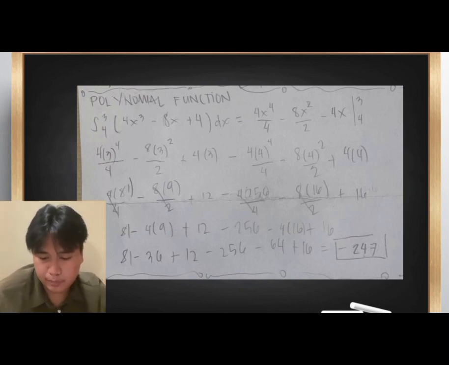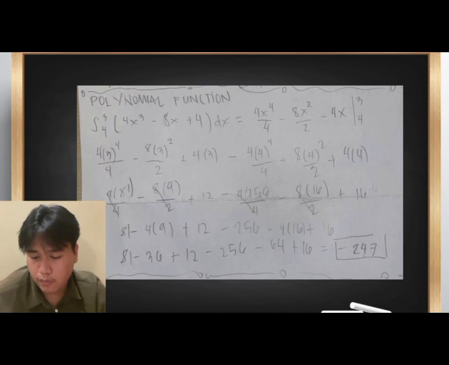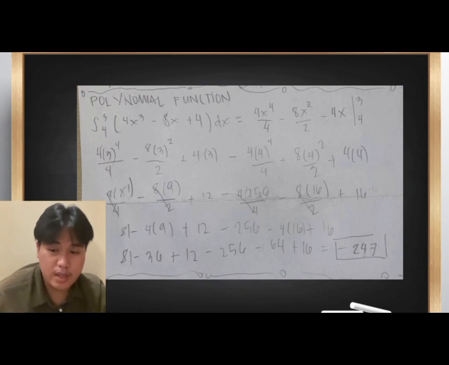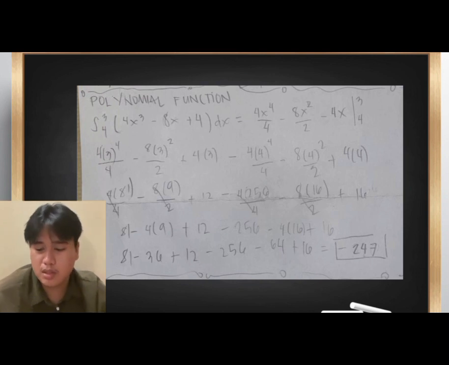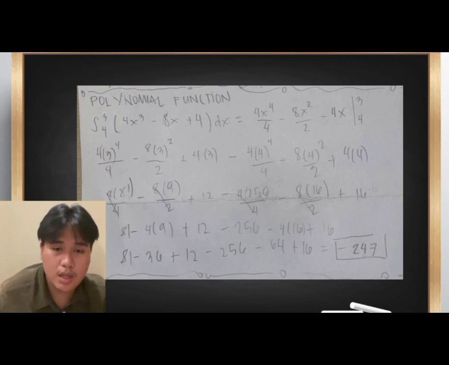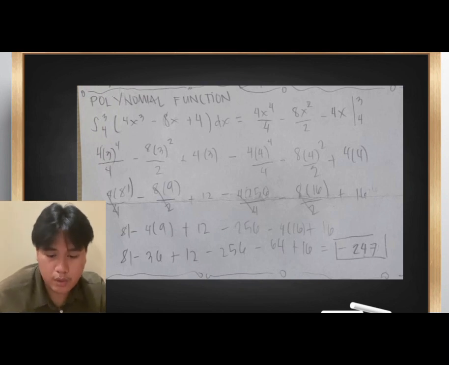So 4 times 3 raised to 4 over 4 will be 4 times 81 over 4, minus 8 times 3 raised to 2 over 2 will be 8 times 9 over 2, plus 4 times 3, which is 12, minus 4 times 4 raised to 4 over 4 will be 4 times 256 over 4, minus 8 times 4 raised to 2 over 2 will be 8 times 16 over 2, plus 4 times 4 will be 16. Then we can simplify further.